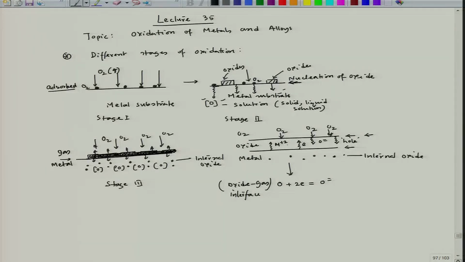At the same time, M2 plus can form at the metal-oxide interface, where metal can release 2 electrons and form M2 plus. So, here it is forming 2 minus and here it is forming 2 plus.